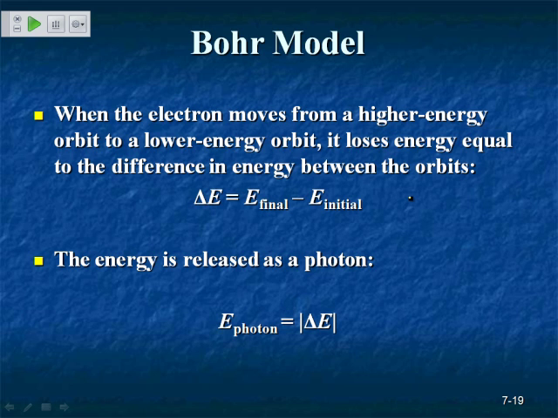Delta means difference again. So, this delta E will be the same as the energy that we see on the spectra, where it corresponds to. So this energy is released as a photon, and the photon will show up on the line spectra.